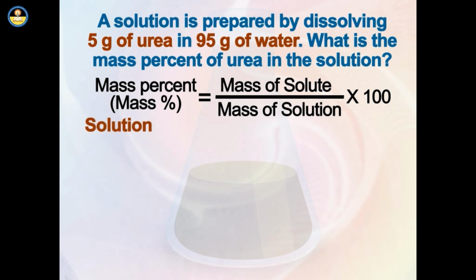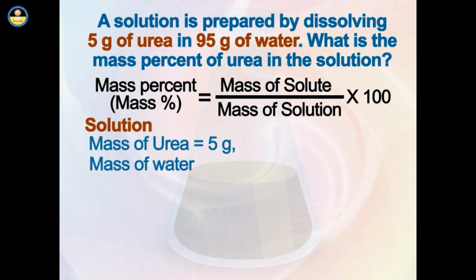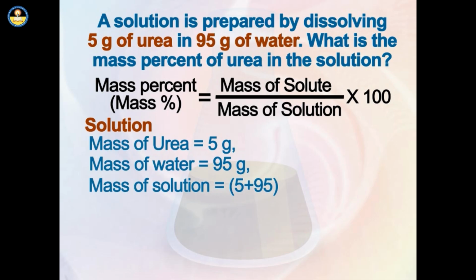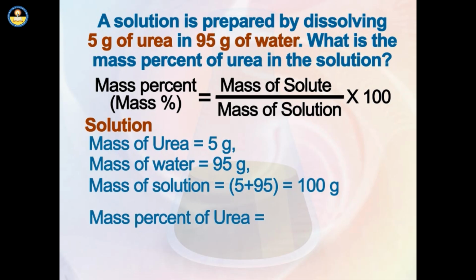Solution, therefore, is mass of urea equals 5 grams, mass of water 95 grams, mass of solution equals 5 plus 95 equals 100 gram. Mass percent of urea equals 5 grams divided by 100 grams multiplied by 100 equals 5%.